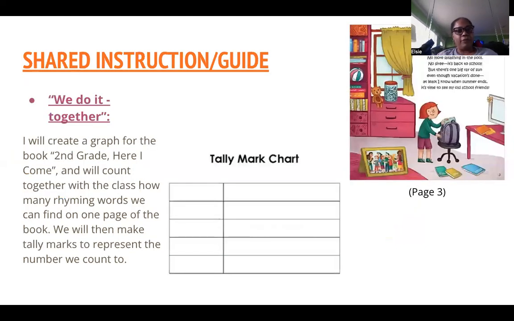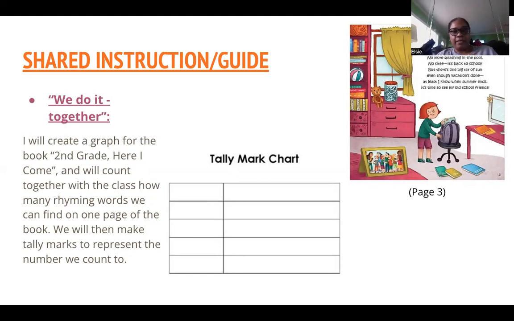For the shared instruction, we do it together. We're going to be doing this page together, and I'm going to see if you're starting to understand how to do a tally chart, a graph chart with tallies. We're going to read page 3 in the book first.